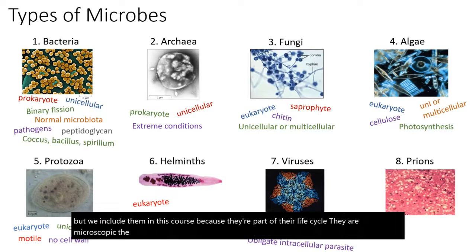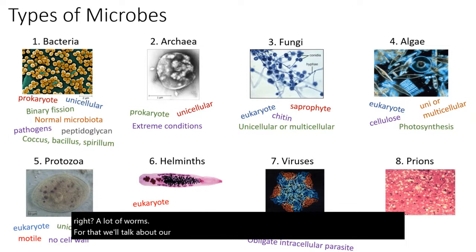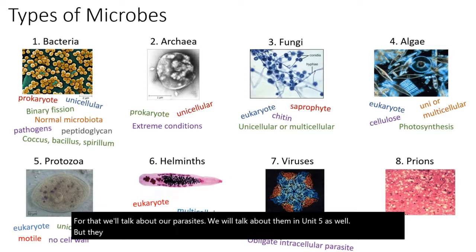The eggs, the larvae, those are often microscopic, and they can make us sick, right? A lot of worms that we'll talk about are parasites. But we will talk about them in Unit 5 as well. So they are eukaryotes, they are multicellular, and they are parasitic. Okay, and again, helminth is just a fancy word for worm.